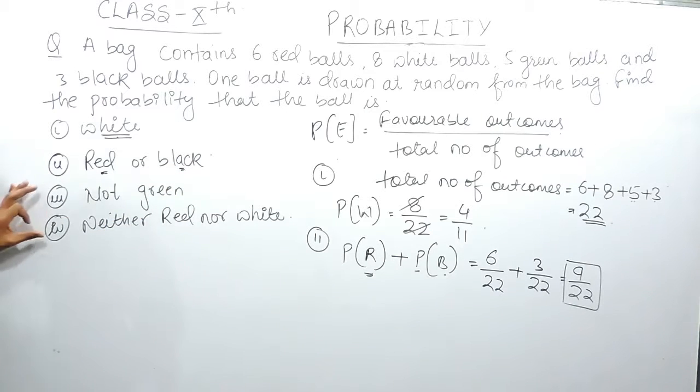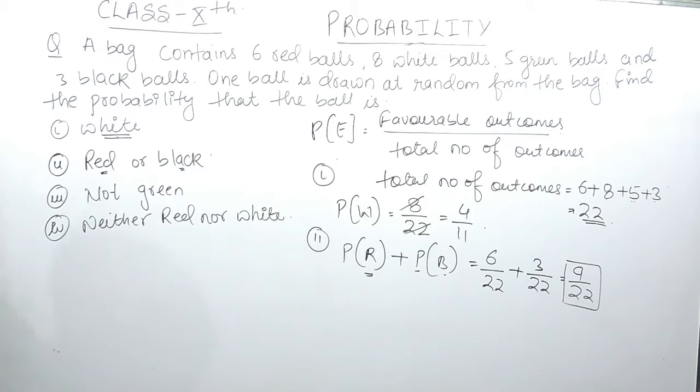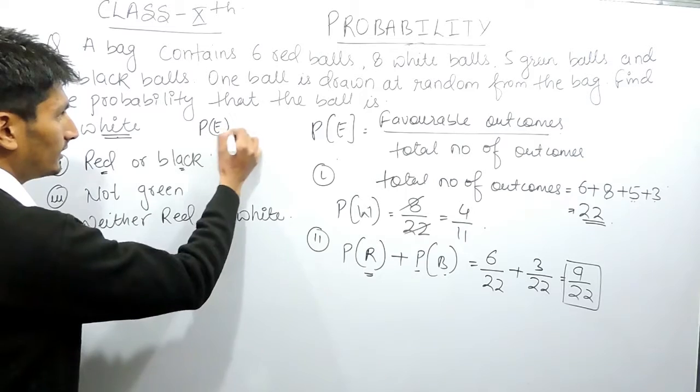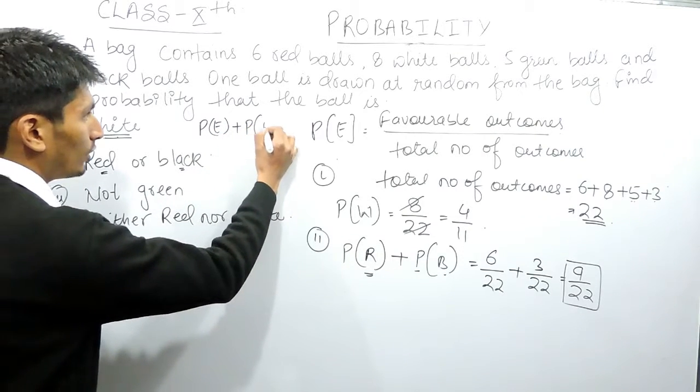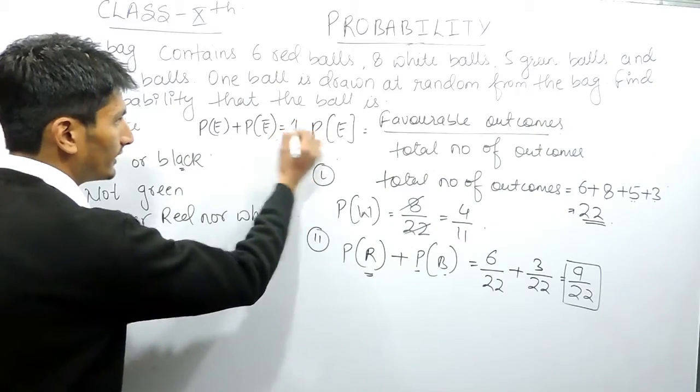Now in the last two parts, this is again a negative question, and we know that the probability of an event and the probability of that event not occurring add up to 1.